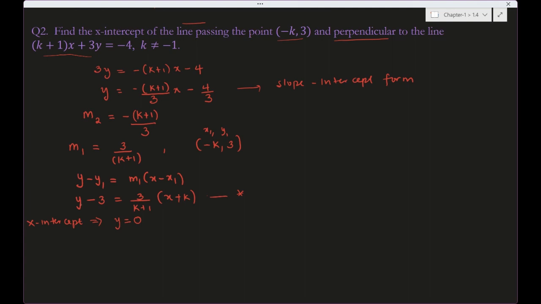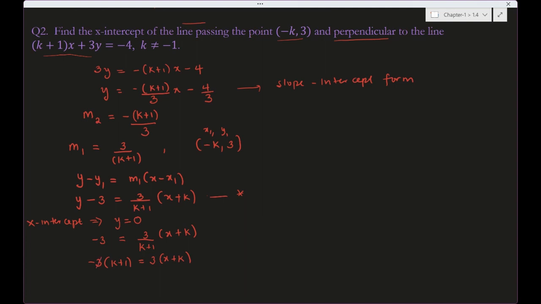So this becomes y equals 0. Here becomes 0. So we just have minus 3 equals 3 over k plus 1, then x plus k. Now we can cross multiply so that you have minus 3 times k plus 1 is equal to 3 times x plus k.